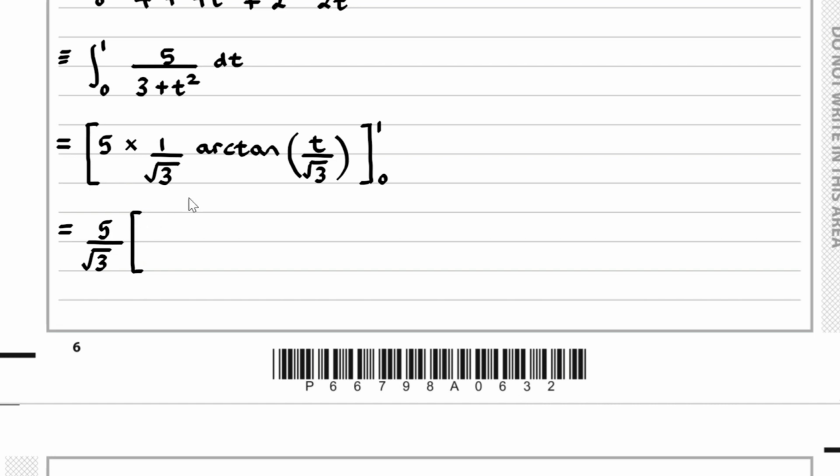And then here we've got the arctangent of t over square root 3, and if I substitute in my limits, I've got 1 for my upper limit, and then for my lower limit would just end up with 0.